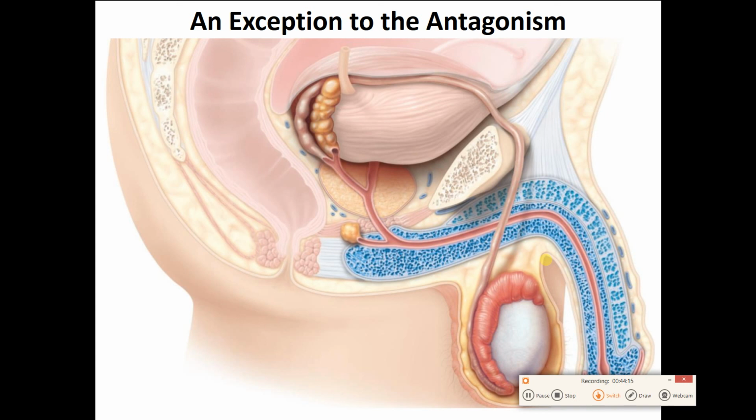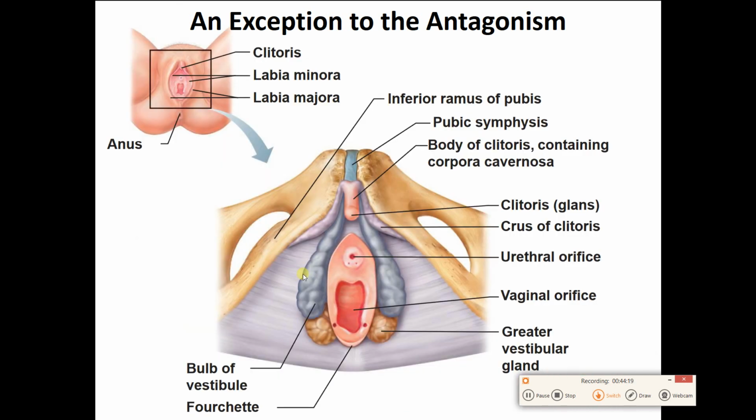And there is a similar situation in the female. So in the female, the parasympathetic is going to be responsible for the erection, the engorgement of blood into the erectile tissues like the clitoris, which we see here and here, as well as the bulbs adjacent to the vagina.